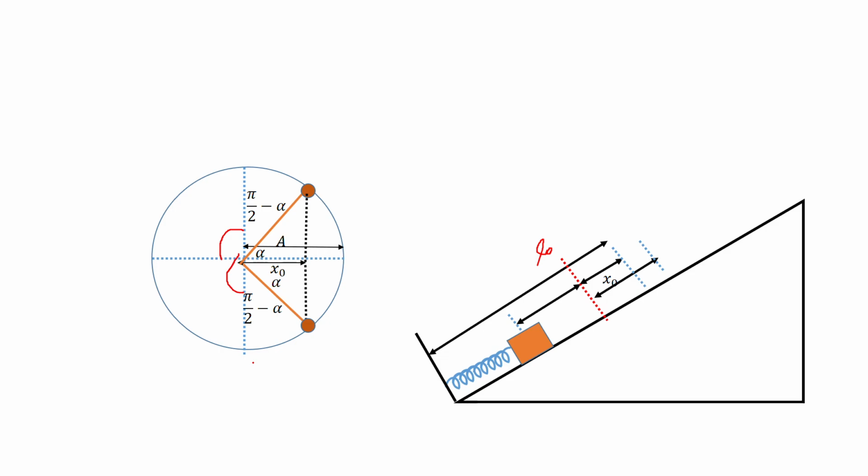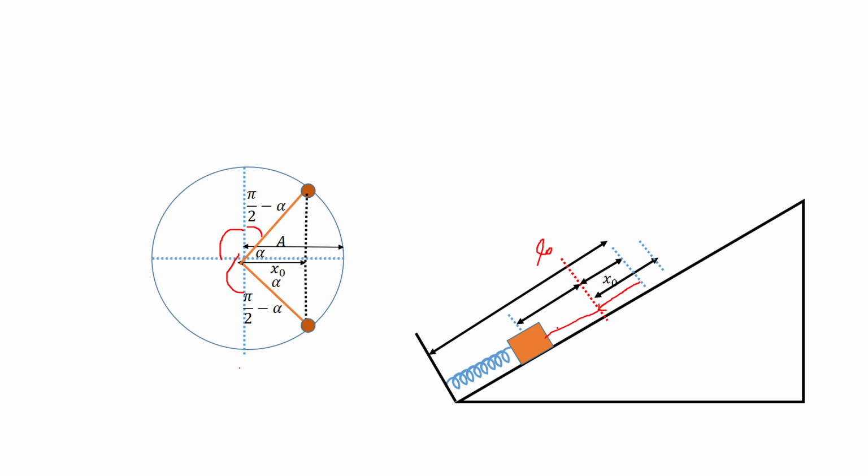This is our equilibrium position, and after that it will move further a distance x naught, and then it will leave the block. So what I am saying is that when this block starts from here, it will move a distance x naught, then it will move to its extreme position, that is A.